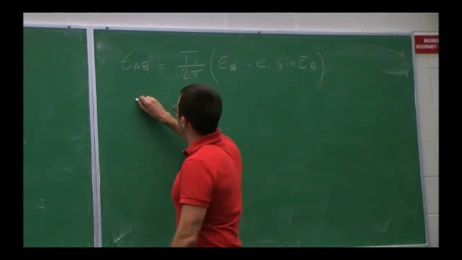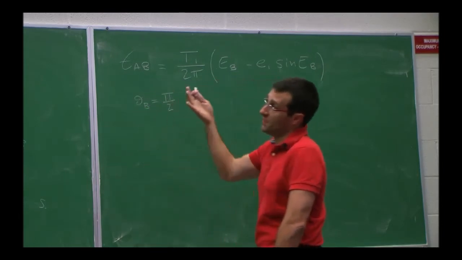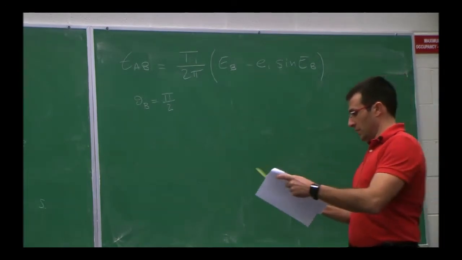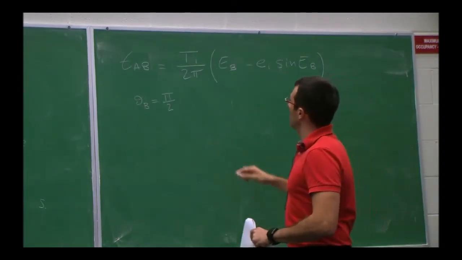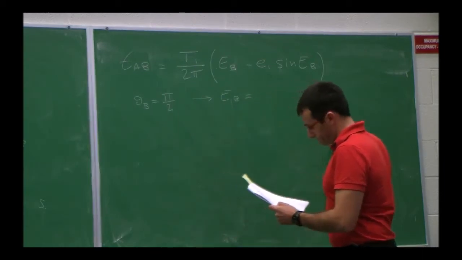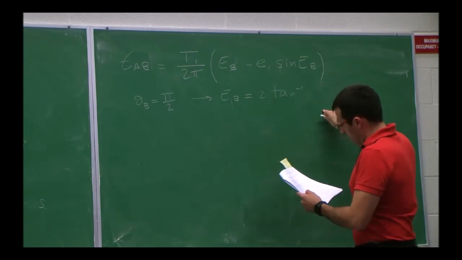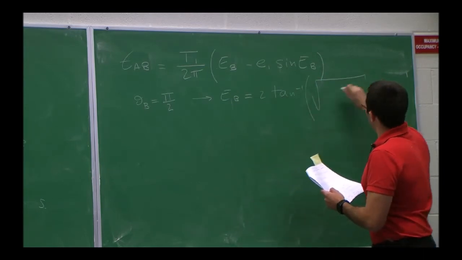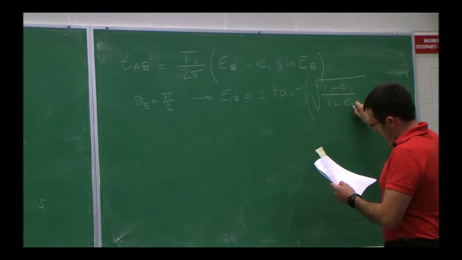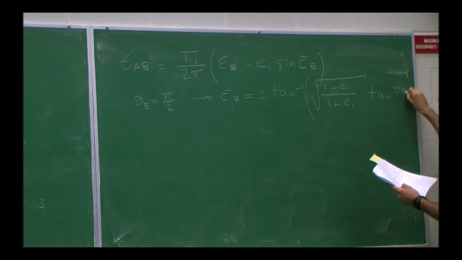What do I know at B? I do know that theta at B is pi over 2, right? It's given. And so if you recall another nice expression, I can compute EB from the following: 2 arctangent of square root of (1 minus E1) over (1 plus E1), times tangent of theta B over 2.